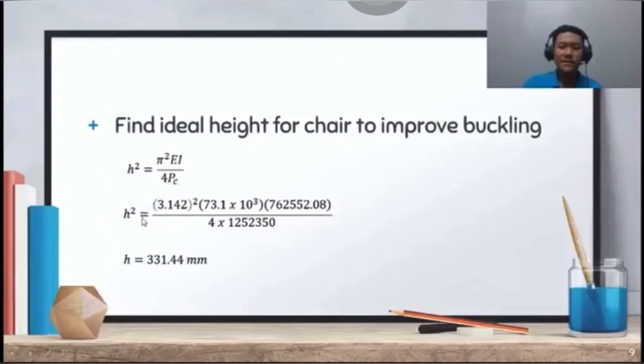To calculate the ideal height, we insert the value. For PC we use the buckling load, so we can get the ideal length for the buckling load. We get the length of the chair equal to 321.44 millimeters, equal to 33.14 centimeters. Okay, that's all for the calculation. Thank you.